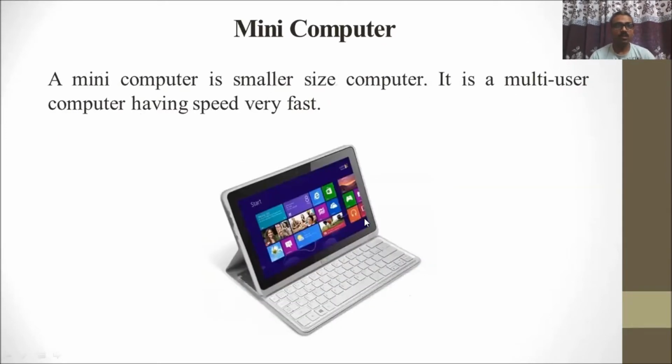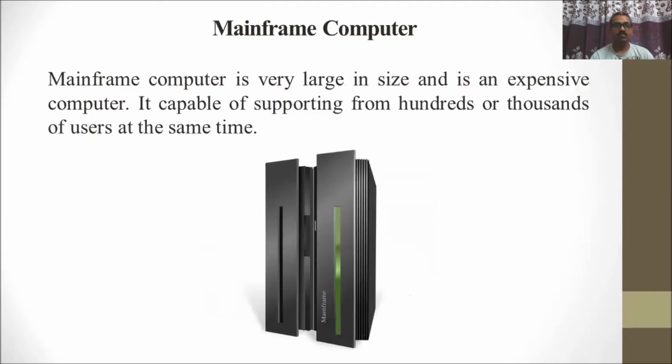Mini computer. A mini computer is a smaller size computer. It is a multi-user computer with very fast speed. So this is the mini computer, and its speed is faster than a workstation computer. Mainframe computer. A mainframe computer is very large in size and is an expensive computer.